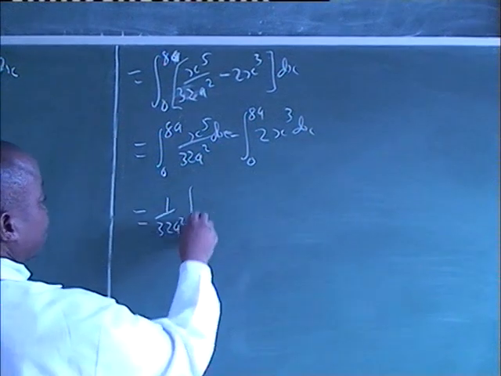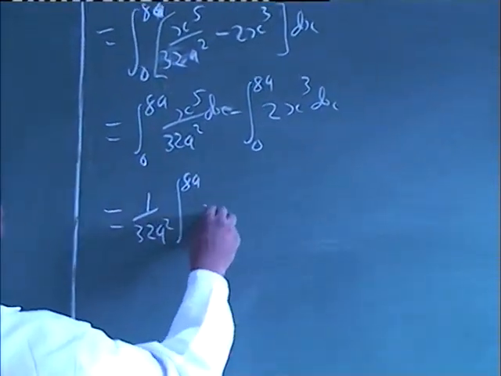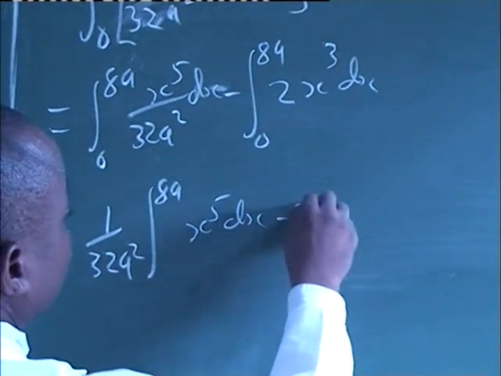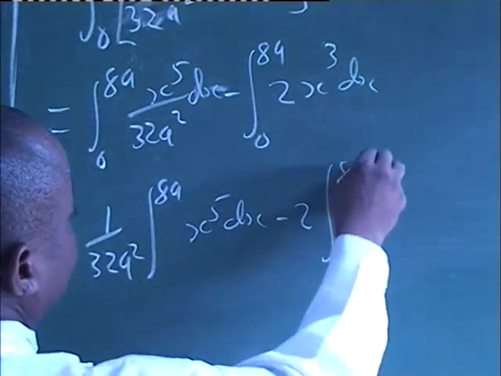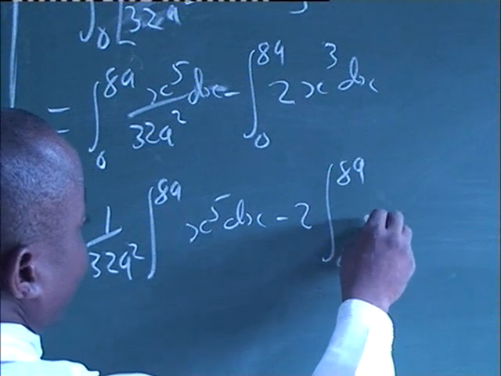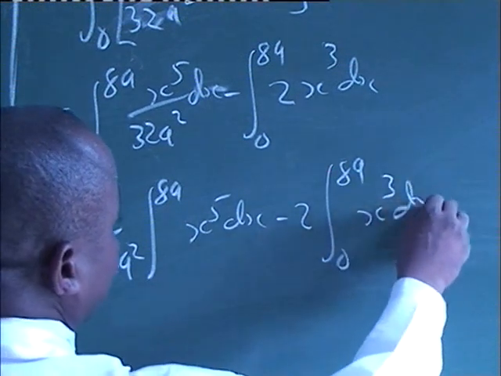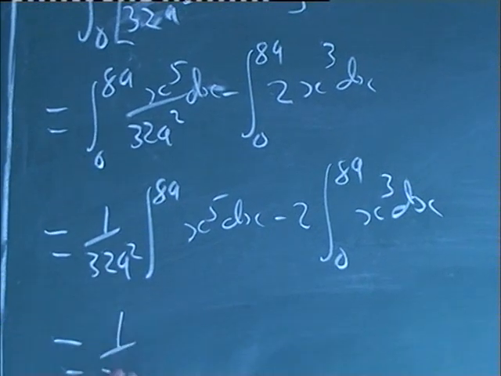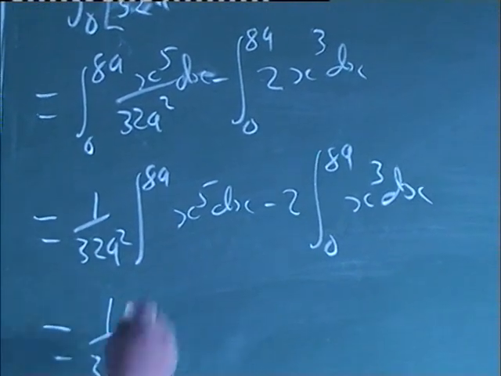Then we have the integral 8a to 0 of x raised to the power 5 dx, minus 2 times the integral 8a to 0 of x cubed dx. Now if we do that, we will have 1 over 32a squared.